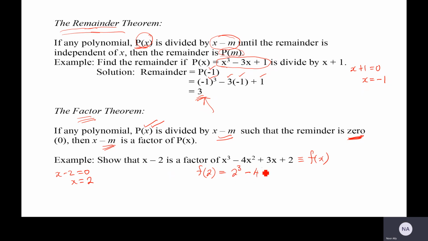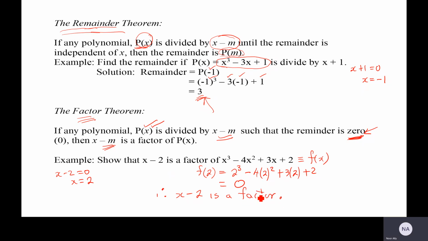So it's 2 cubed minus 4 times 2 squared plus 3 times 2 plus 2. Let's see what happens. 2 cubed, that's 8. 2 squared is 4, 16. 3 times 2 is 6, plus 2. And what does that give you? 0. So this factor theorem states that when you get 0, therefore that divisor x minus 2 is a factor.